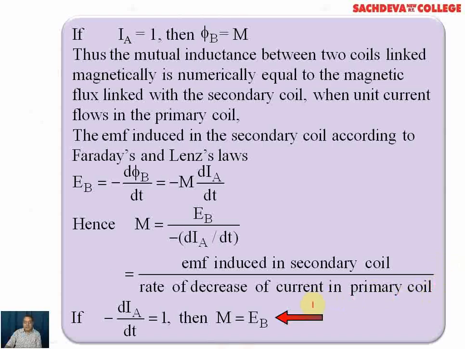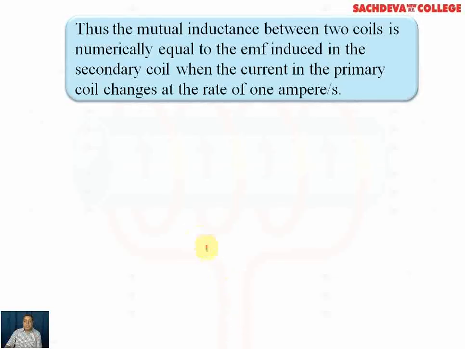However, in the equation, minus dI_A by dt obeys Lenz's law, and if it is equal to 1 ampere per second, then M will be equal to E_B. Therefore, the mutual inductance between the two coils is numerically equal to the EMF induced in the secondary coil when the current in the primary coil changes at the rate of 1 ampere per second.